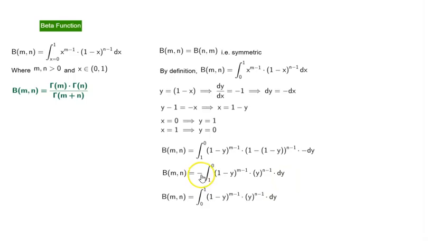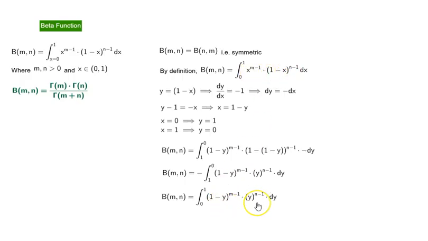Now, to make this minus sign disappear, we exchange the limits again. So, integral 0 to 1 of 1 minus y to the power of m minus 1 times y to the power of n minus 1 dy. So here, if you look at this expression and this expression, the only difference is the variable of integration.